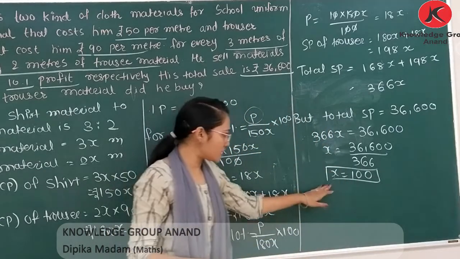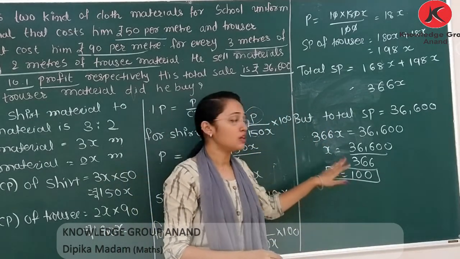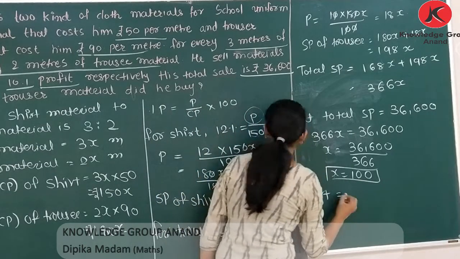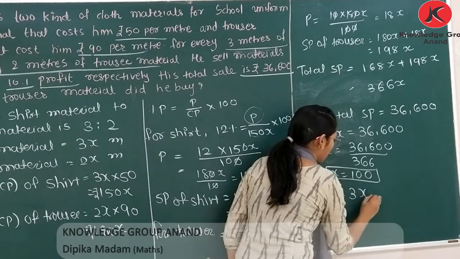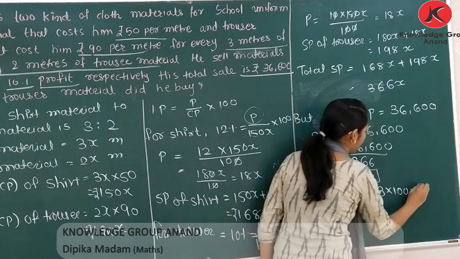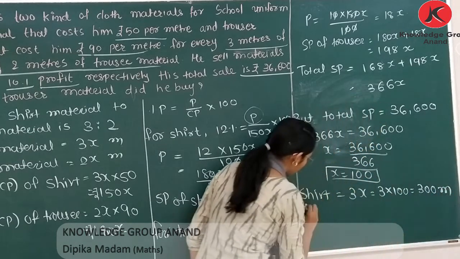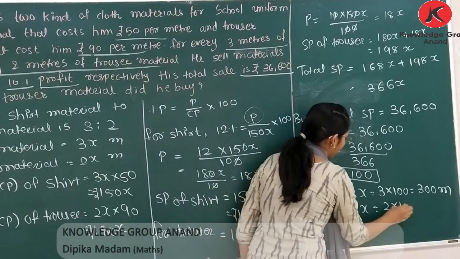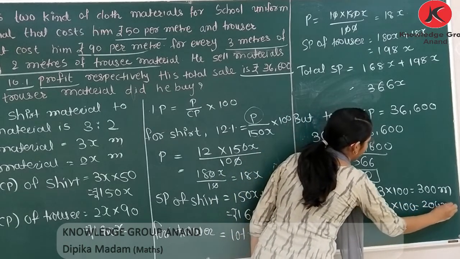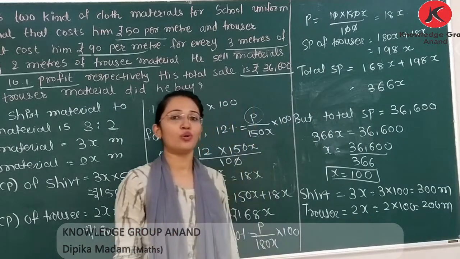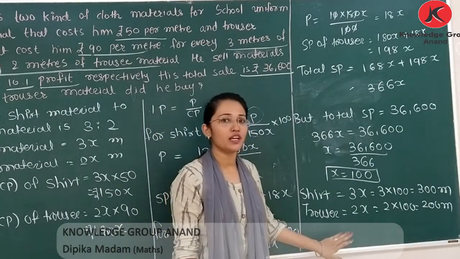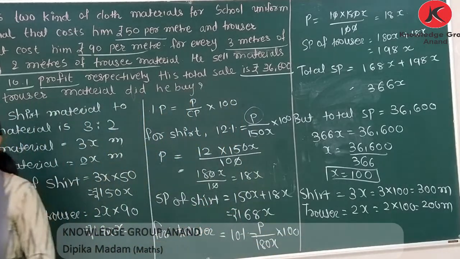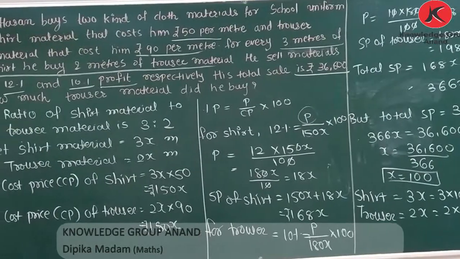From this x is equal to 100, we can find the meters of trouser and shirt. So shirt will be 3x, means 3 multiply 100, that is 300 meter, and trouser material 2x, 2 multiply 100, that is 200 meter. Means here you need to apply the concept of equations and comparing quantities, that is profit and loss.